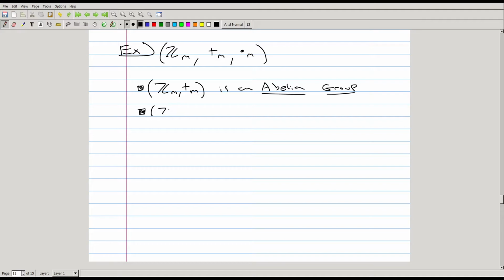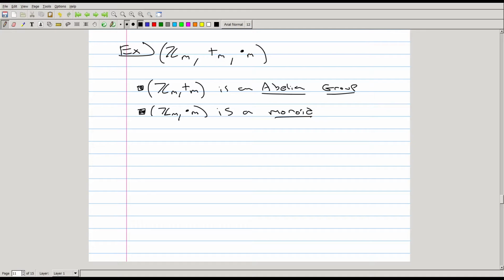Z mod m with modular multiplication is a monoid, meaning that there exists an identity element, namely 1, such that for any integer you multiply by 1, it'll be congruent to itself.